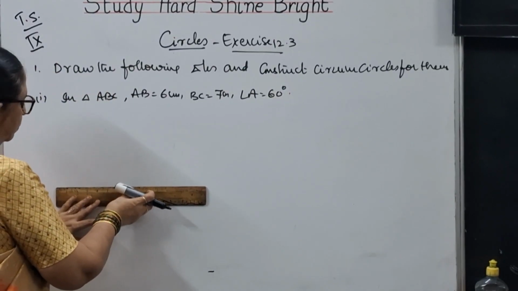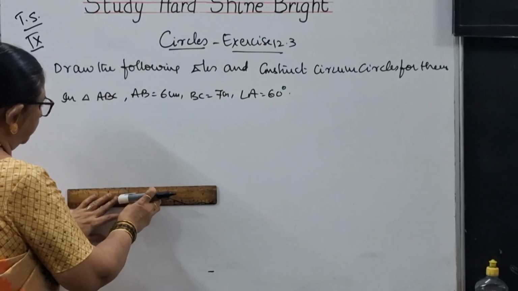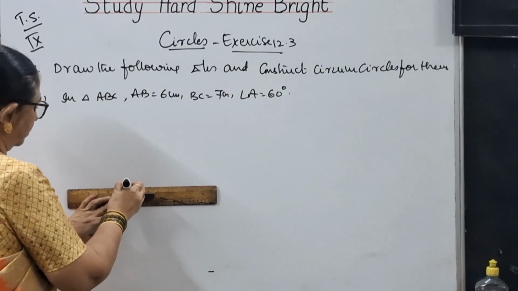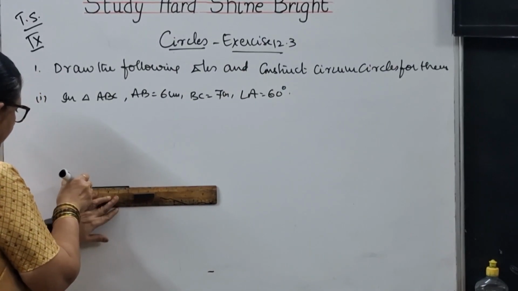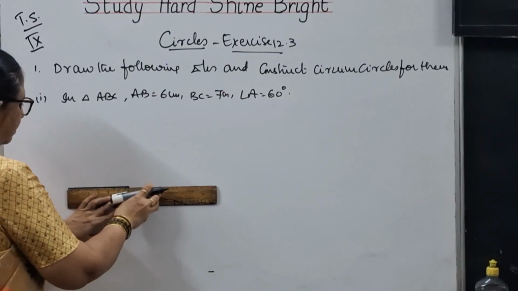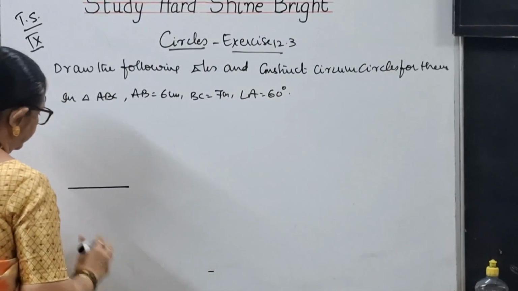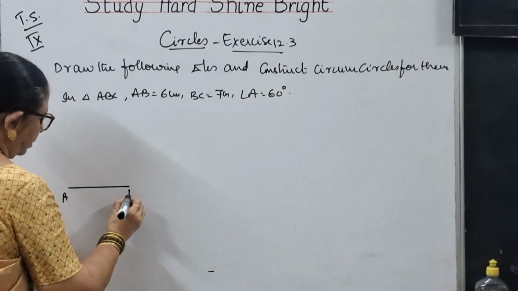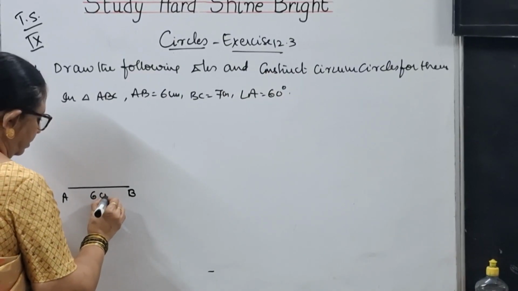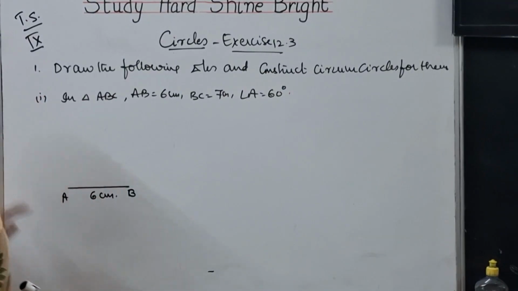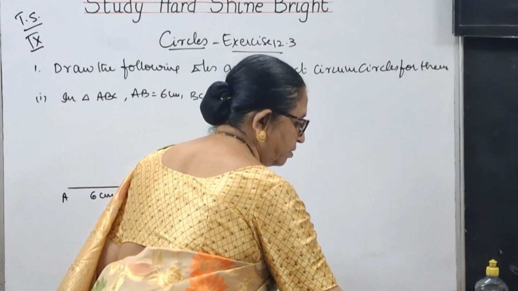So first, you have to draw AB as 6 centimeters. So, this is 6, AB 6 centimeters. A and B, 6 centimeters. Now, angle A 60 degrees.